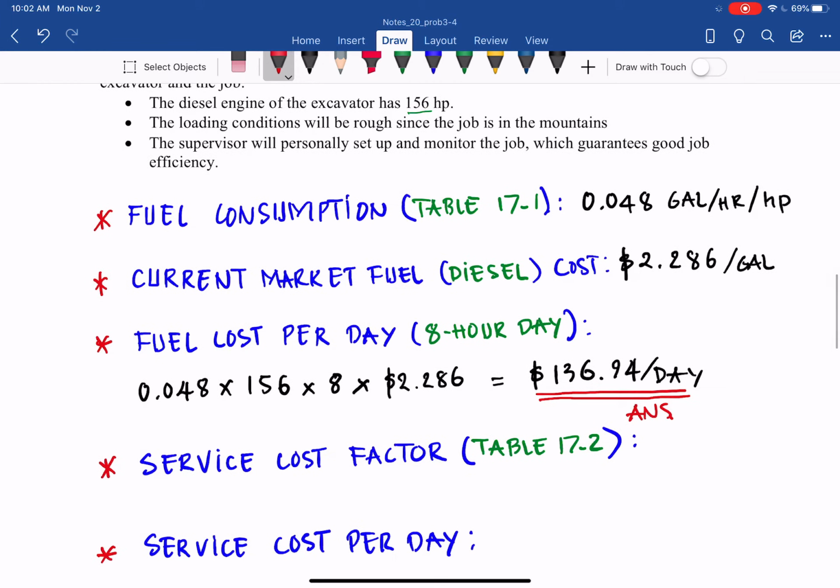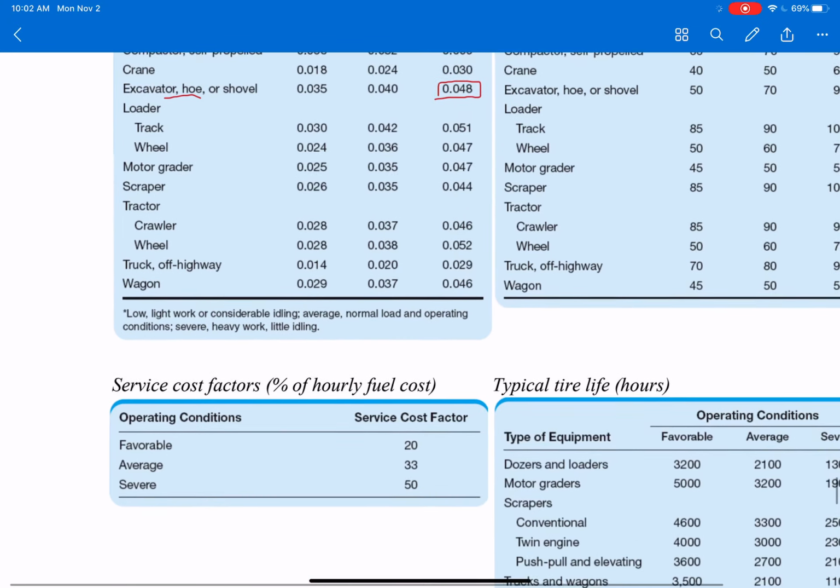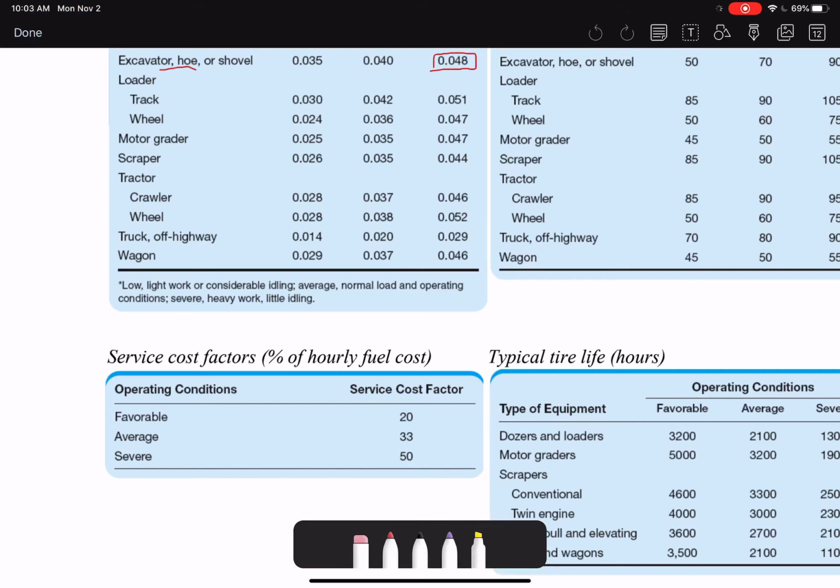Go to Table 17.2, which is available in your final exam reference. If I assume that is average, then the service cost factor, as a percent of hourly fuel cost, is 33% of hourly fuel cost.